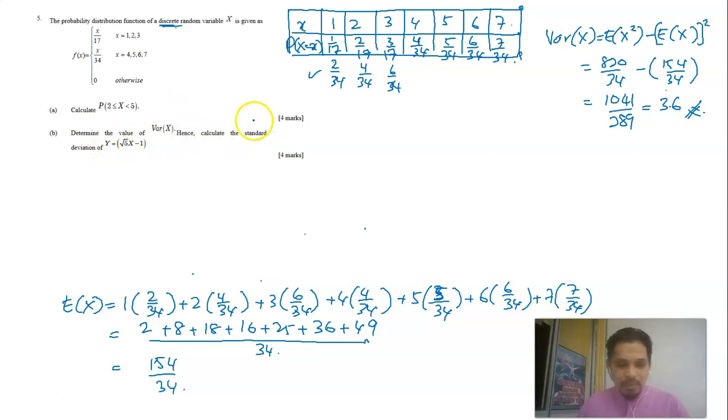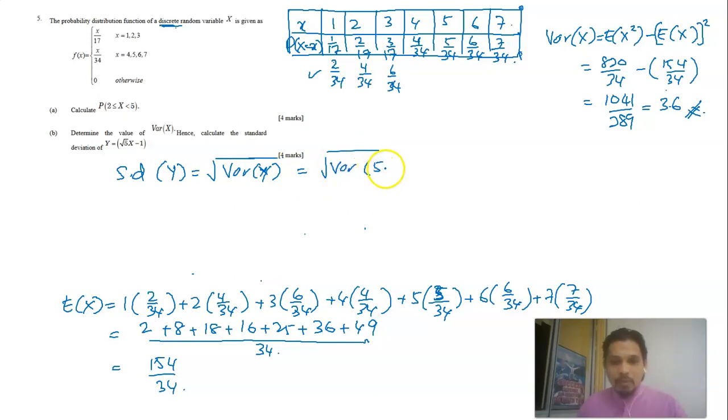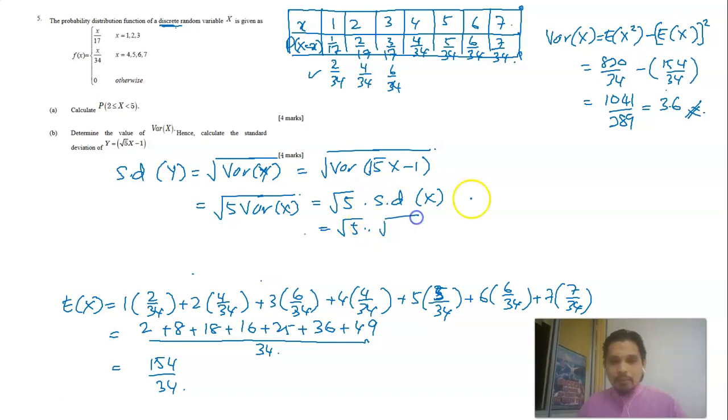Okay, so standard deviation of y equal to square root of variance of y, which is square root of variance of 5x minus 1, which is square root of 5 squared times variance of x, equal to 5 times the standard deviation of x, which is square root of the variance, sigma squared.